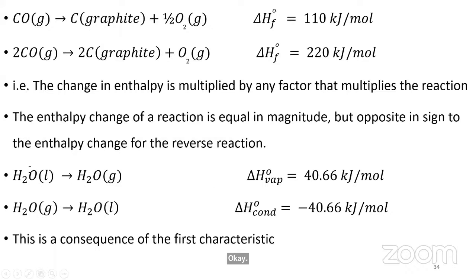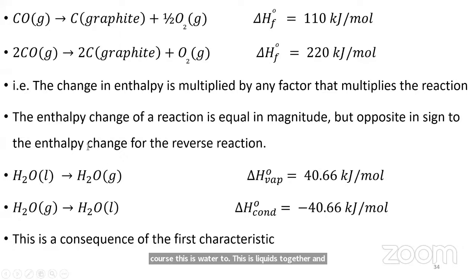So here we have our water, liquid going to gaseous form. The heat of vaporization, this is the standard enthalpy for vaporization, is 40.66 kilojoule per mole. Now, when it's going from gaseous to liquid, we now see that heat is given out to the surrounding. So what do we have? The values are the same because, of course, this is liquid to gaseous, and this is gaseous to liquid.